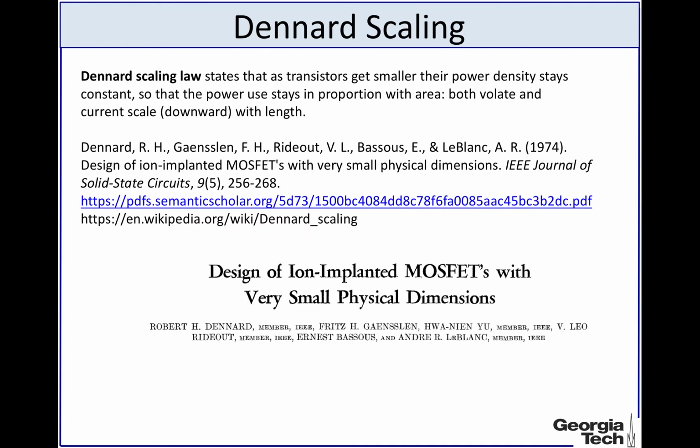Then Dennard from IBM in 1974 stated the laws of scaling based on calculation. Basically, he showed that as you make the transistors smaller and also reduce the power supply voltage at the same rate as you make the devices smaller, then the power of a microprocessor chip of a given area remains the same.